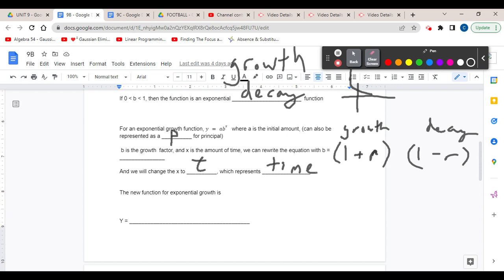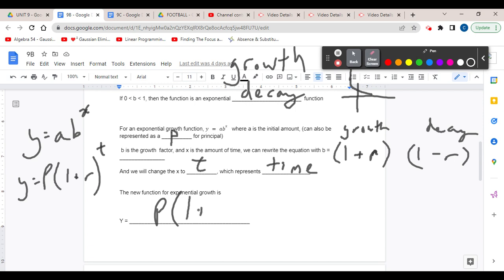So instead of y equals a times b to the x power, it'll look like this: y equals principal times 1 plus our rate to the power of t, which is time.